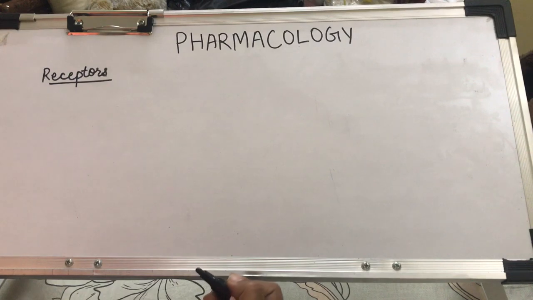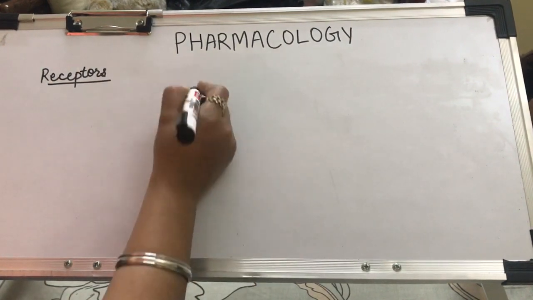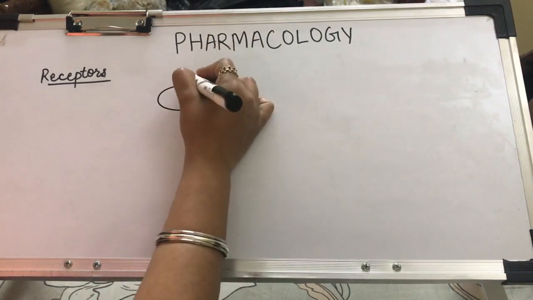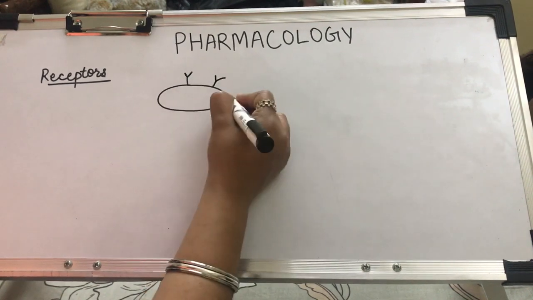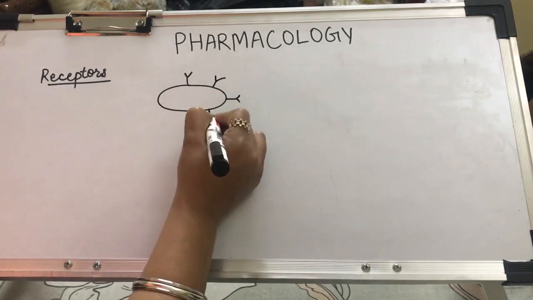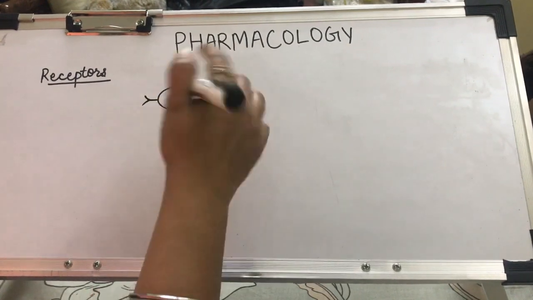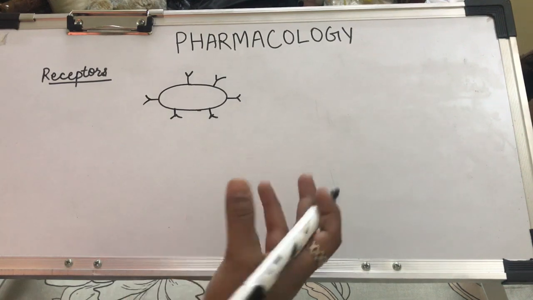So basically, what are receptors? These are glycoprotein molecules which may be present on the surface of the cell or inside the cell. And what is their function?